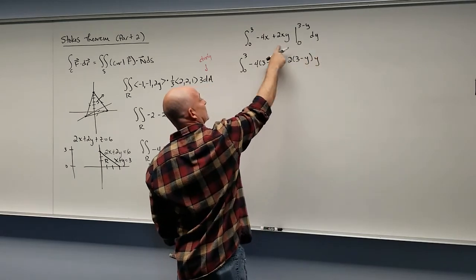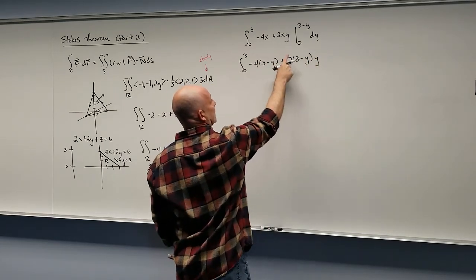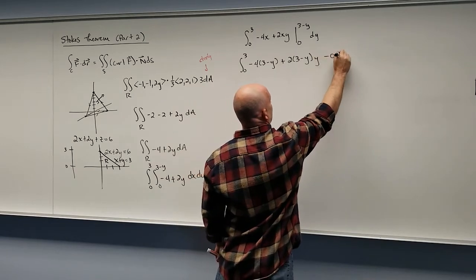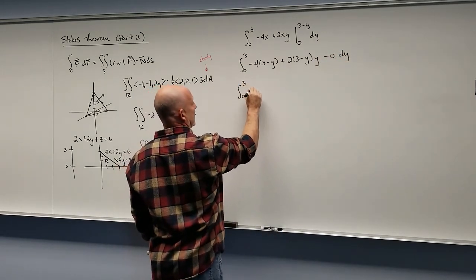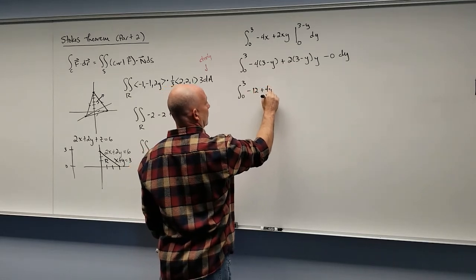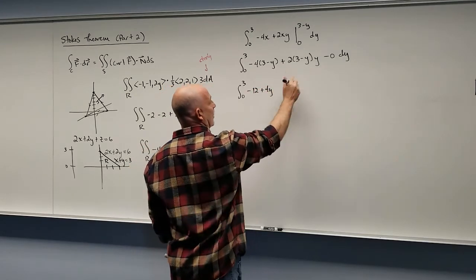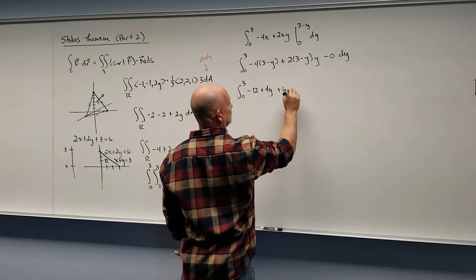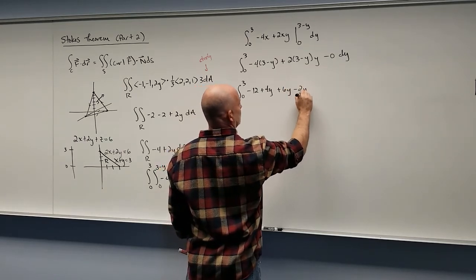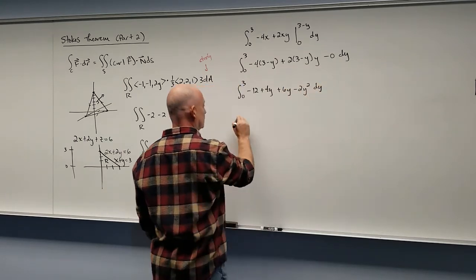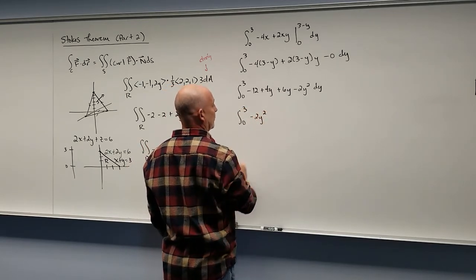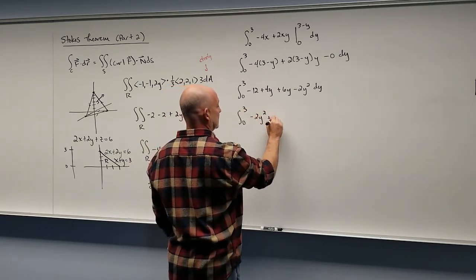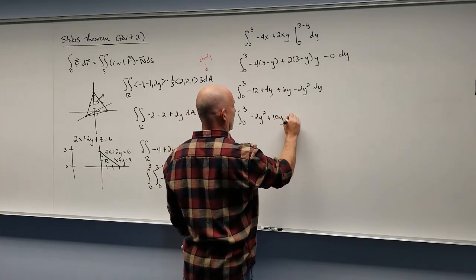Now the bottom endpoint, since every term had an x in it, is 0, so you don't need to put that. There's your minus 0. Let's clean this up a little bit. So that's -12 plus 4y. That's really a 2y that we're distributing, so plus 6y minus 2y squared. So from 0 to 3, I get -2y squared plus 10y minus 12.